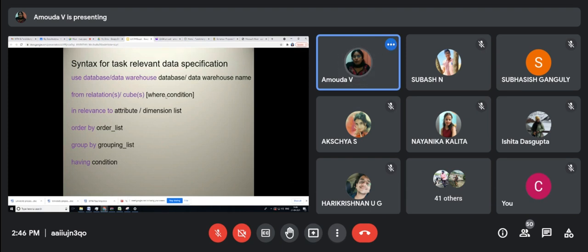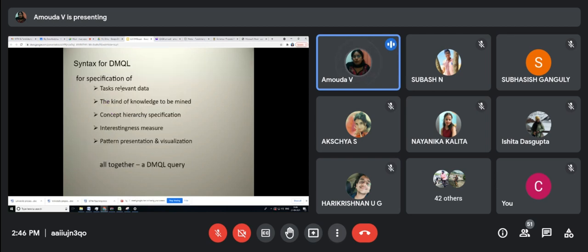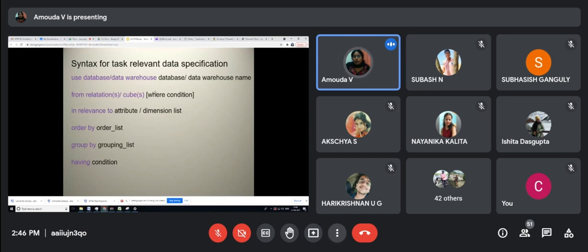Here you are saying which table. Here you are directly saying which attribute and what needs to be done. Order, you have to order the list or group the list or have some condition. So, in a data mining query language, to write a syntax only for this primitive, you have all these options.